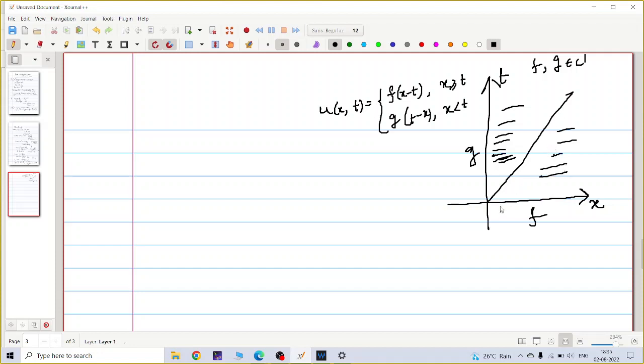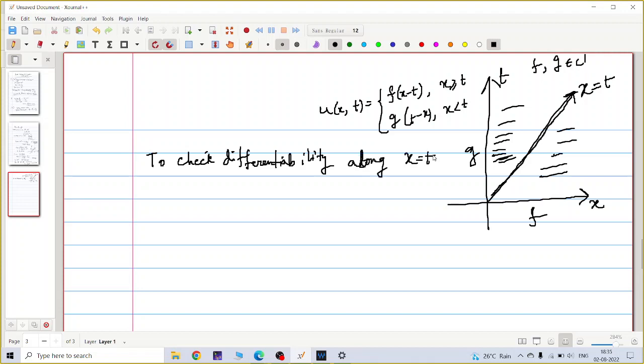But u may not be differentiable along this line x equal to t, because along this line the function breaks. Function breaks means it may happen that it loses its differentiability. So I have to check the differentiability along the line x equal to t.